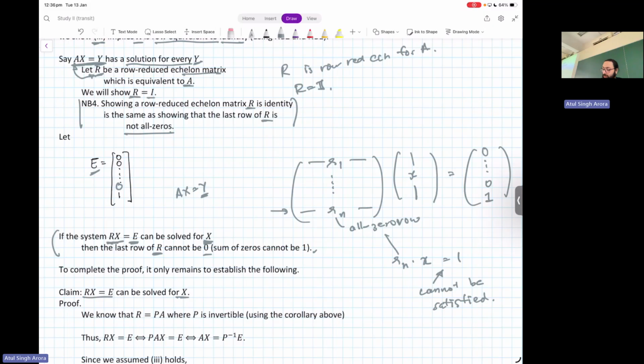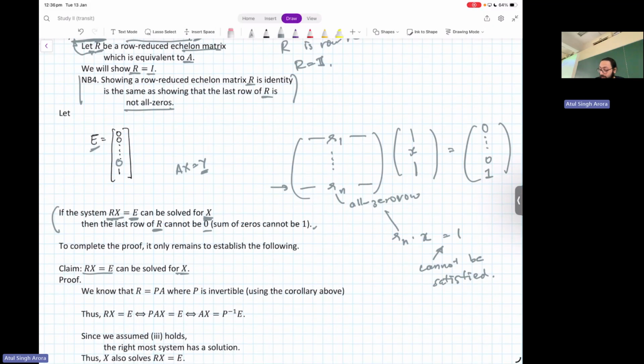So far so good. In particular, what that meant is that R cannot have an all zero row.